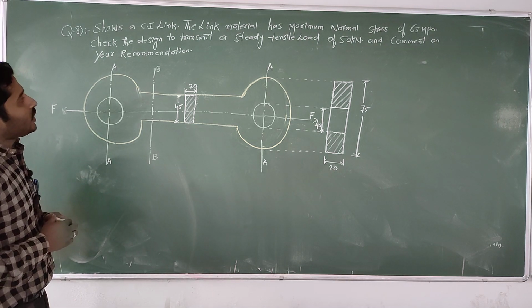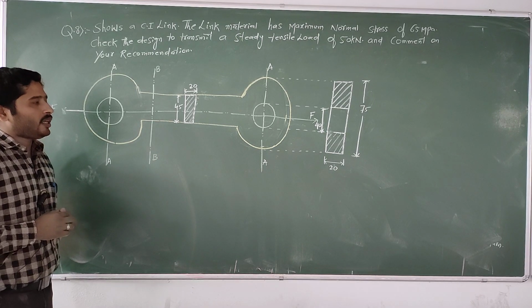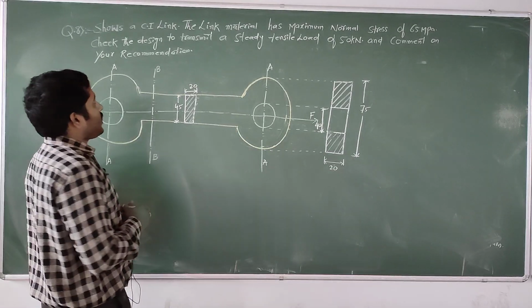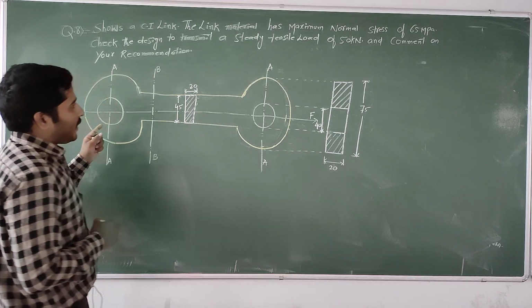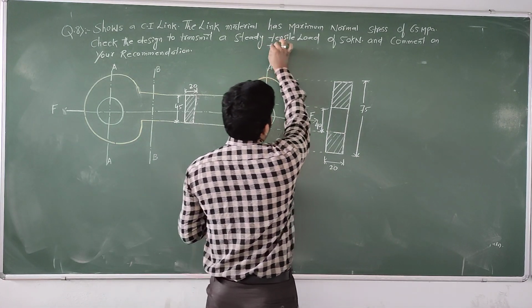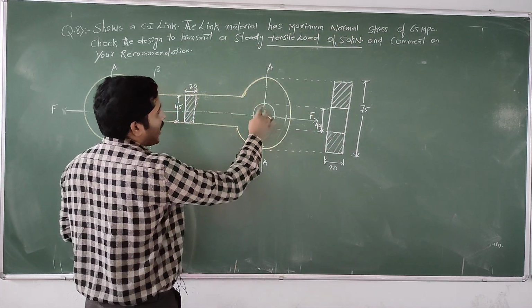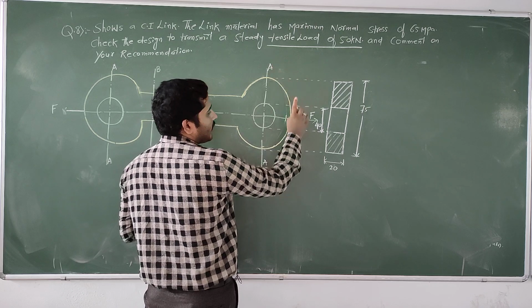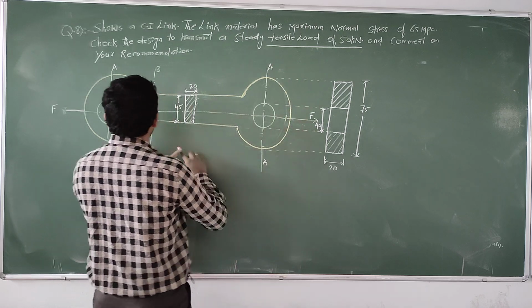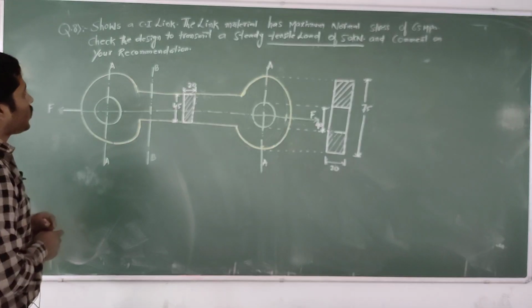Check the design to transmit a steady tensile load of 50 kilonewton. So this means that on this material, which load is acting here? The tensile load is acting. How is it acting? Steady. The tensile load 50 kilonewton is acting on both sides. Is it right? And comment on your recommendation.